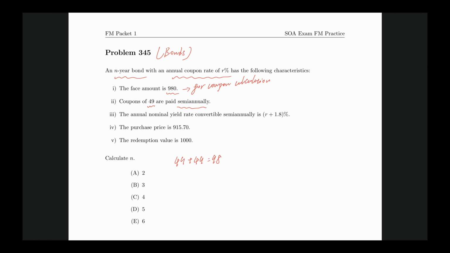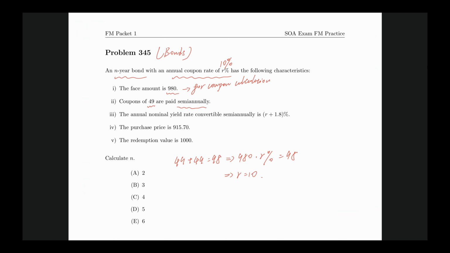So the coupon amount annually will be exactly $98. We also know that's exactly R% of the face amount, so we can find R. R% of the face amount equals 98 exactly, and that gives us R equals 10 immediately. So the coupon rate is 10%.